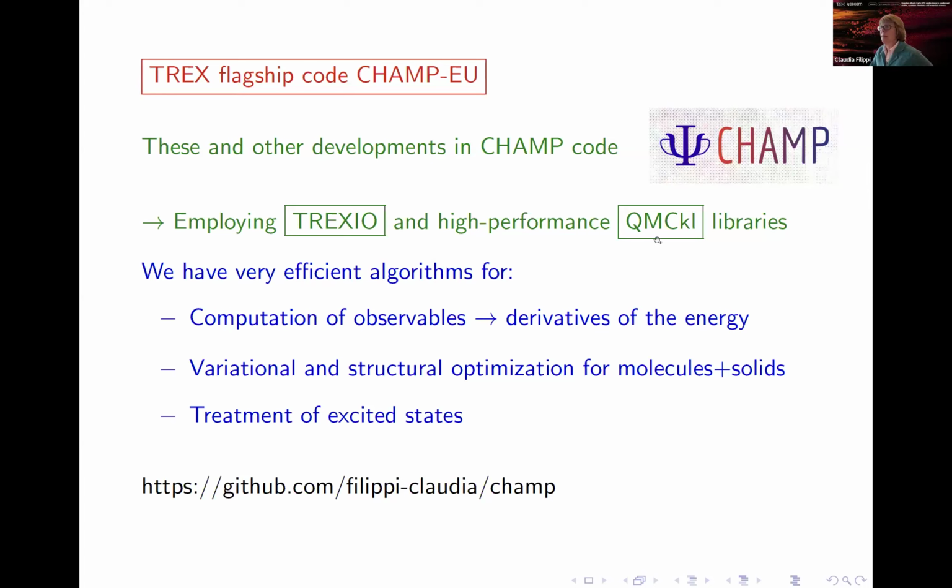We are including also the high-performance QMCkl library to speed up the calculations. And we have very efficient algorithms for computing observables, optimizing the structure and the wave function, and recently also for solids. And of course, as I showed you, we can treat excited states. The code is publicly available on GitHub.